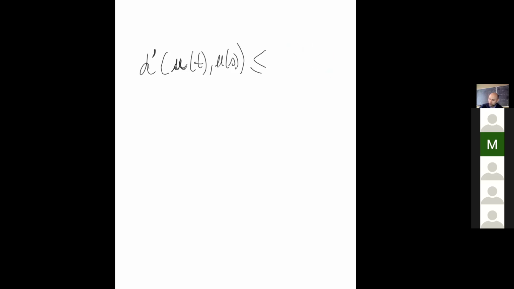So now, let's do it. We will use the uniform convergence. Yeah, that's what we are going to do.